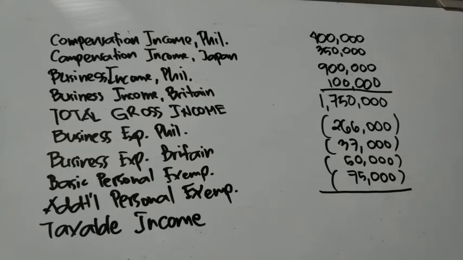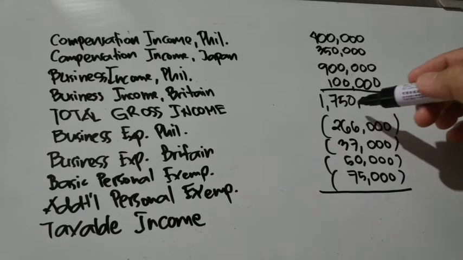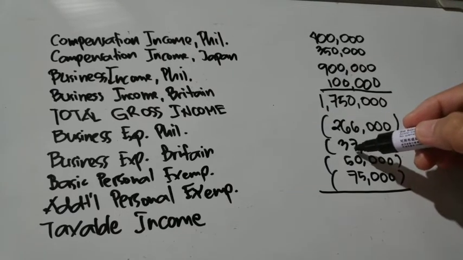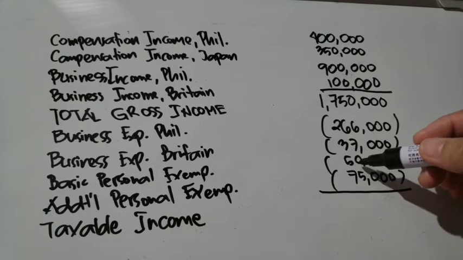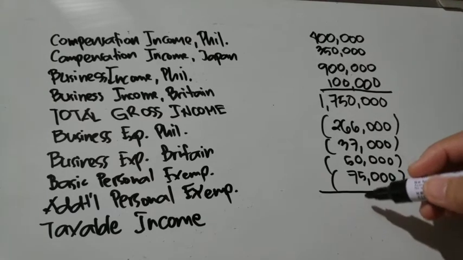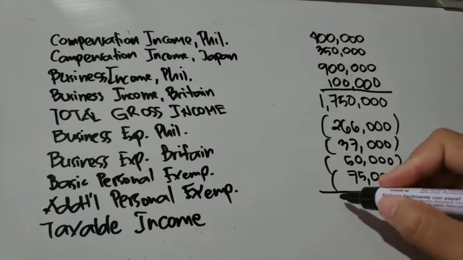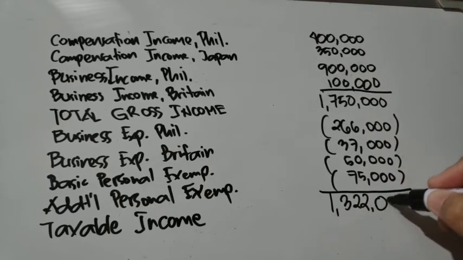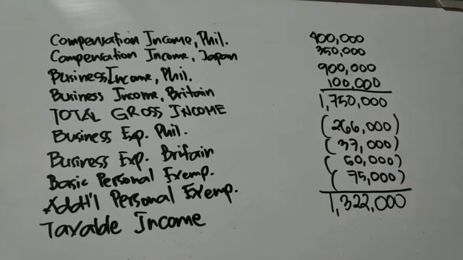So, ang gagawin mo is, ang kukunan mo lang is the net income, or shall we say, for the taxes is the taxable income. So, the taxable income, if 1,750,000 less 266,000 less 37,000 less 50,000 and less 75,000, it would be 1,322,000. So that would be your taxable.